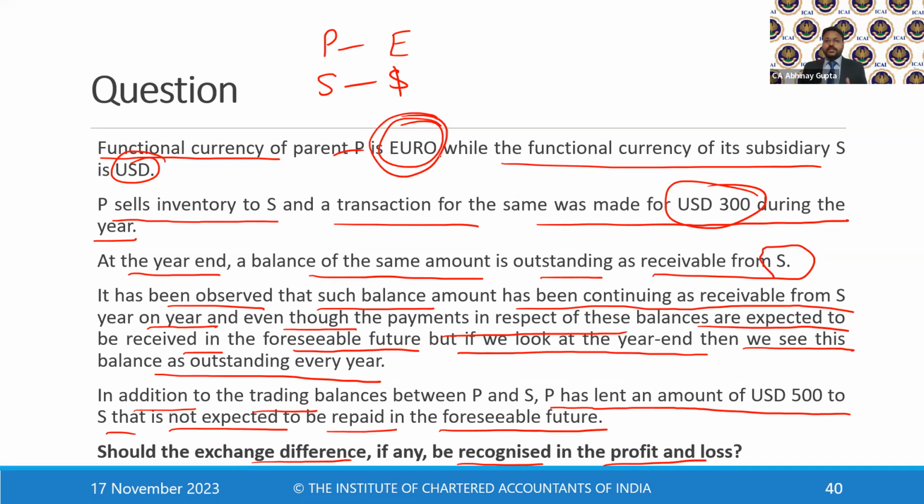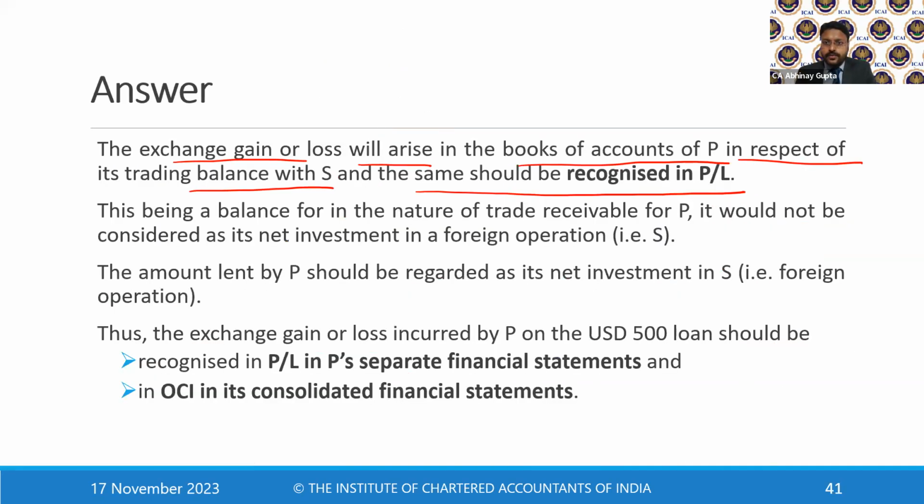And we have discussed that if the parent's functional currency is euro, and the transaction is not happening in the parent's functional currency but in any other currency, then the gain or loss will be in the books of the parent company, because a different currency is used for the transaction, right? Now, in this case, the parent will calculate the exchange gain or loss on this sale transaction, right? So hence, it will go to the P&L.